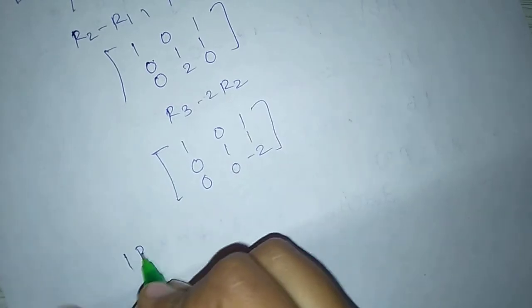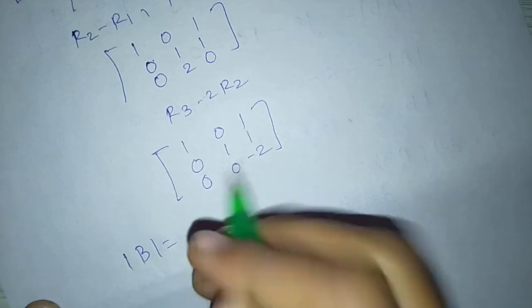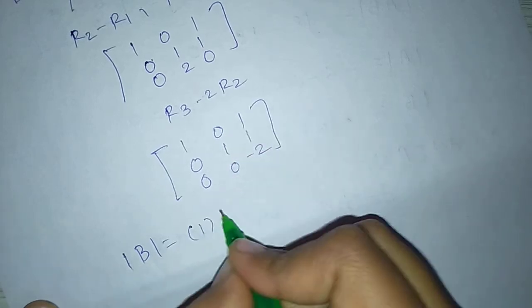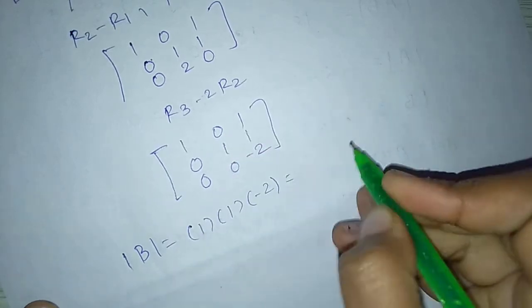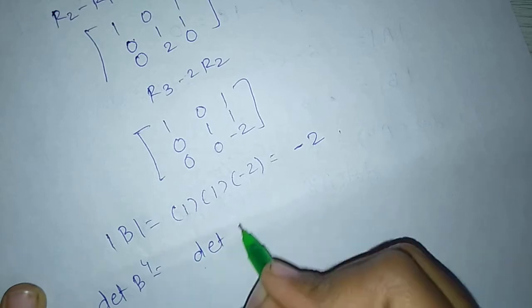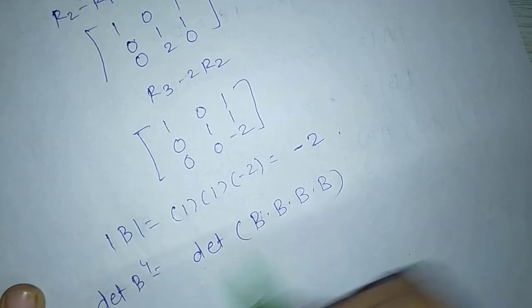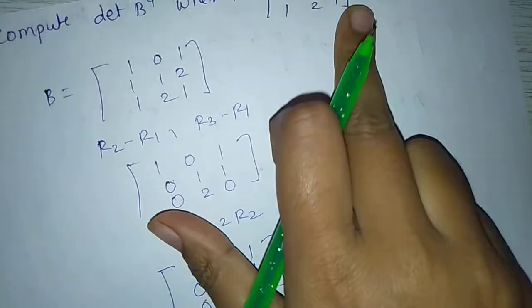So, determinant of B equal to product of diagonal entries of this matrix, 1 into 1 into minus 2 equal to minus 2. Determinant of B raised to 4: B raised to 4 is B into B into B into B, 4 times, and B is a 3 by 3 matrix.